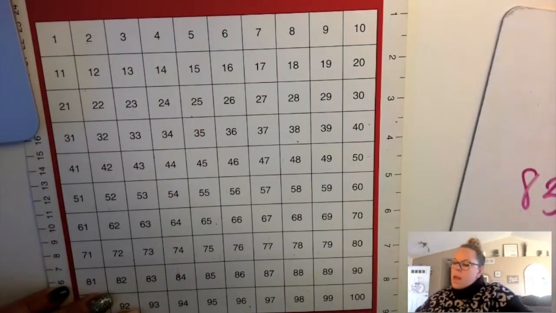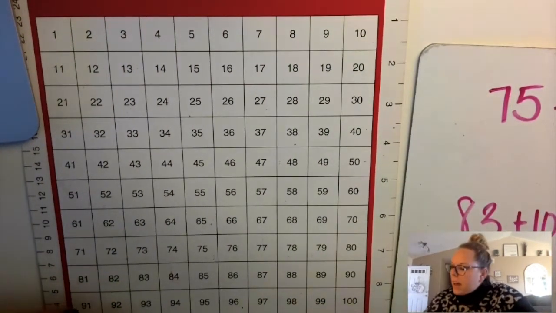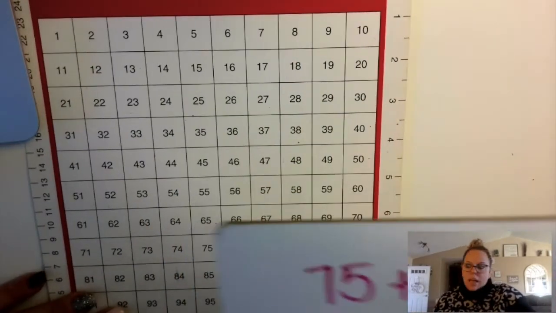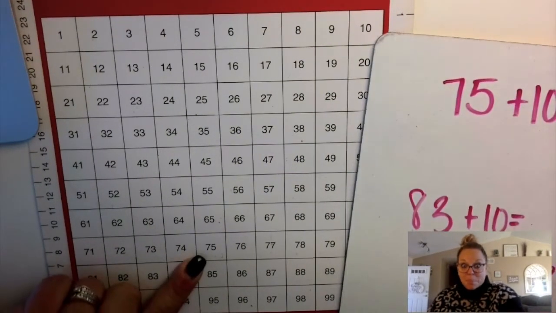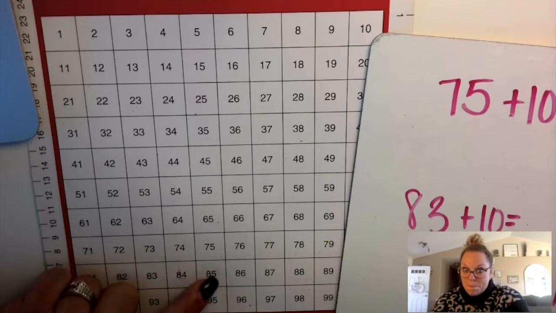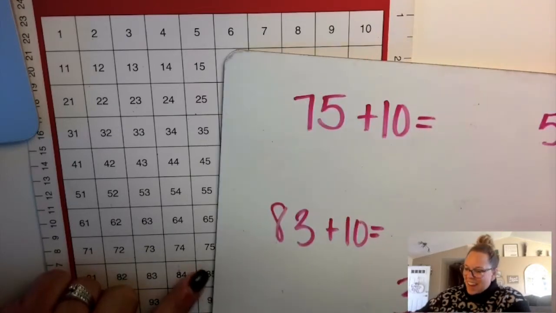Okay. Now, the first one was 75 plus 10. So here we go. We're at 75. What is going to be 75 plus 10? 85, right.